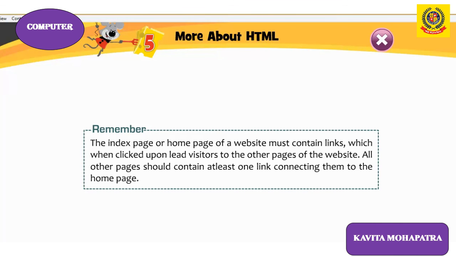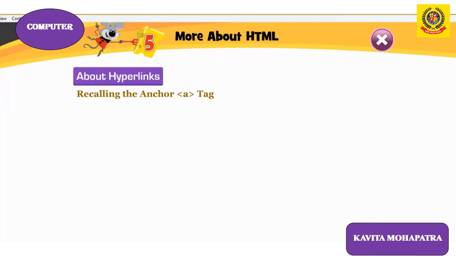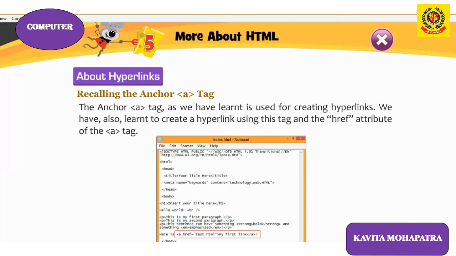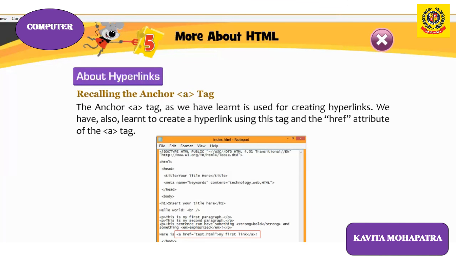The index page or the home page of a website must contain links which, when clicked upon, let the visitors go to the other pages of the website. All other pages should contain at least one link connecting them to the home page. Now the anchor tag. As we have learned, it is used for creating hyperlinks.